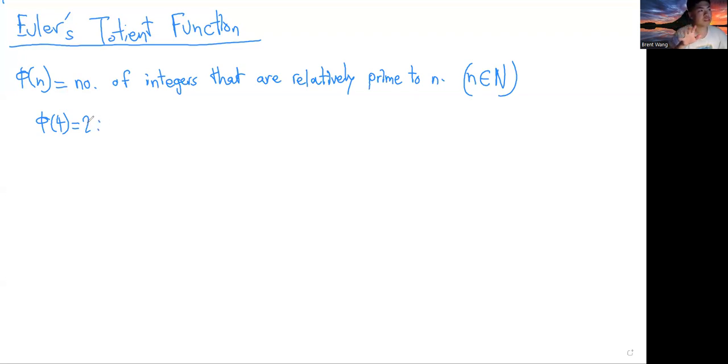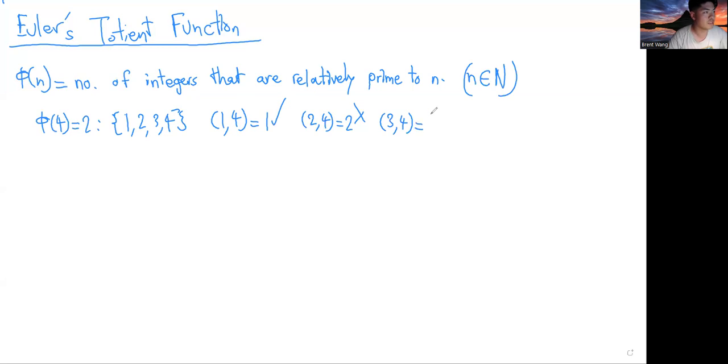Choose all the integers between 1 and 4, and check this. Is 1 relatively prime to 4? The GCD of 1 and 4 is 1, so yep, that works. 2, the GCD of 2 and 4 is 2, not equal to 1, so that's not relatively prime. 3 and 4, the GCD is 1, so that works.